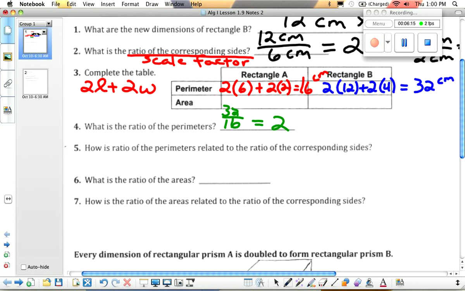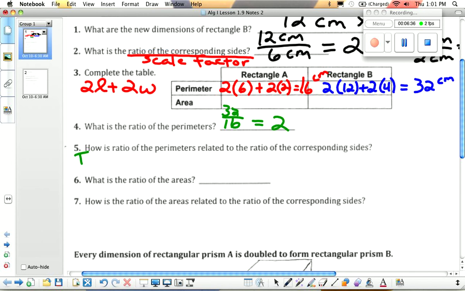So how is the ratio of the perimeters related to the ratio of the corresponding sides? What would you say? Here, we kind of like to make a little summary note. John? They all have a scale factor of 2. Okay, so the ratio of the corresponding sides is the same as the ratio of the perimeters, or since they're asking about the perimeters, let's start there.